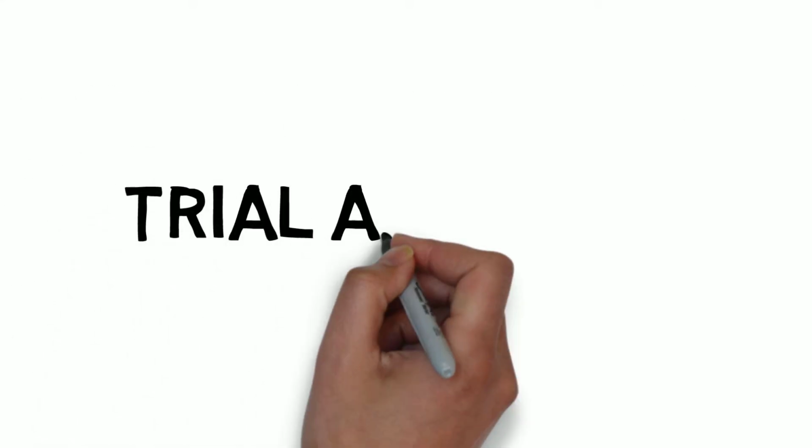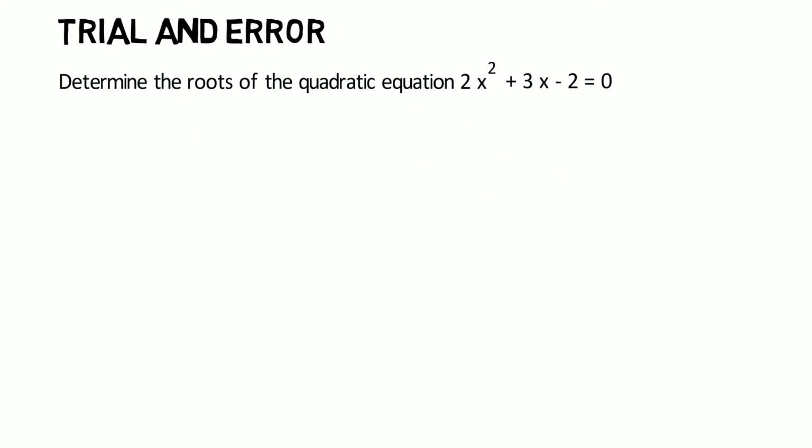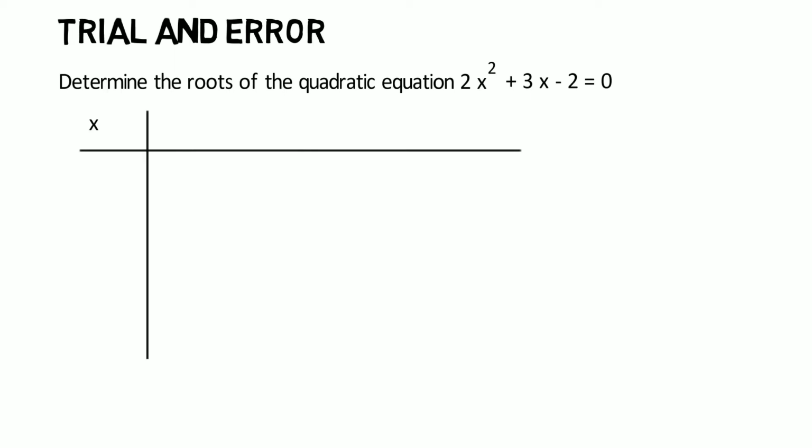Now the first method is probably the least efficient of the 4 methods, and as the name suggests, we do this by trial and error. For example, let's determine the root of equation 2x squared plus 3x minus 2 is equal to 0. Now let's just draw 2 columns, one for x and the other for the output value.